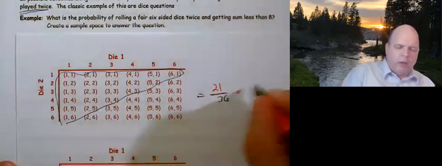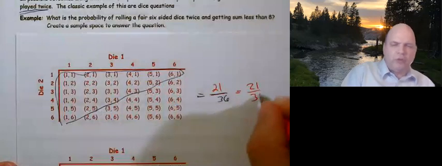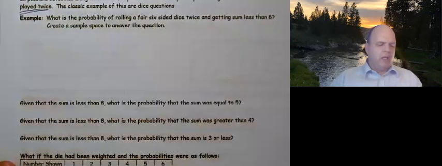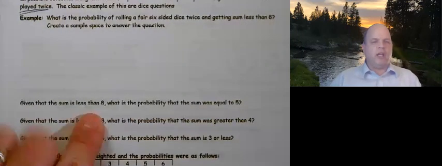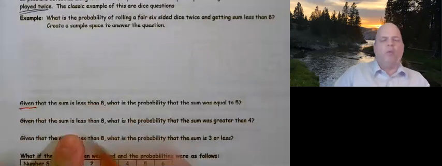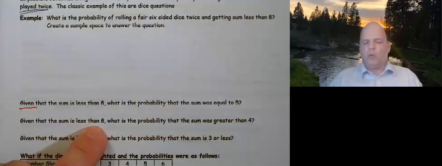And by the way, that was not too bad of a problem once you had the sample space. Prior to that, it's a little more challenging. Okay, given that the sum is less than 8, now please remember, given is in the denominator, what's the probability the sum was equal to 5?